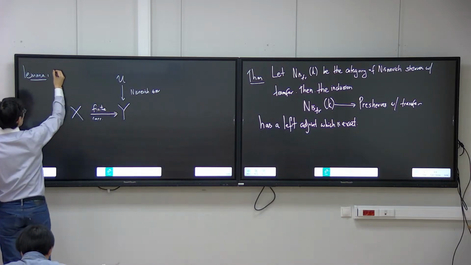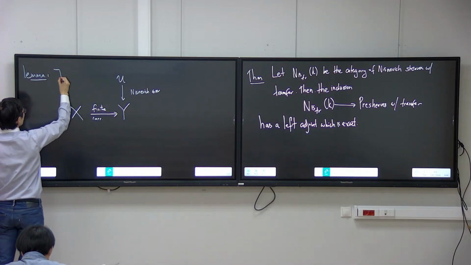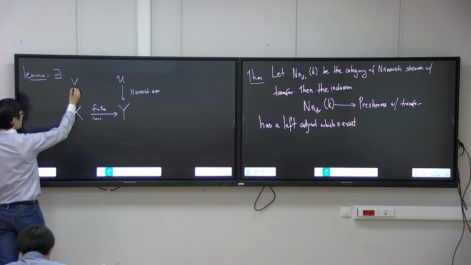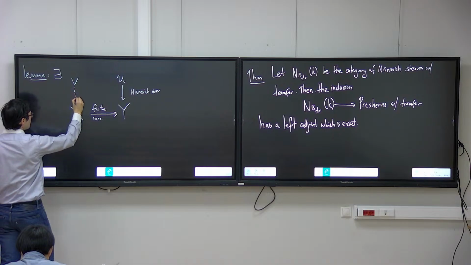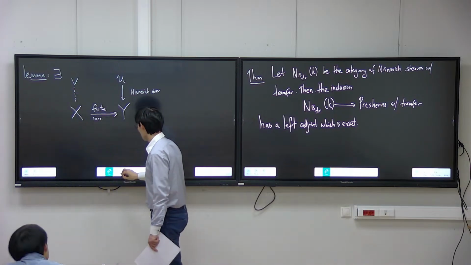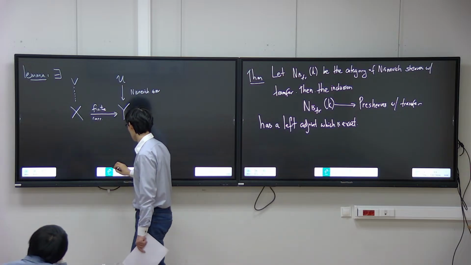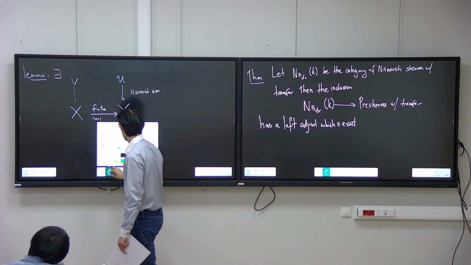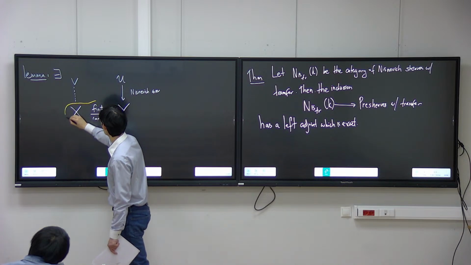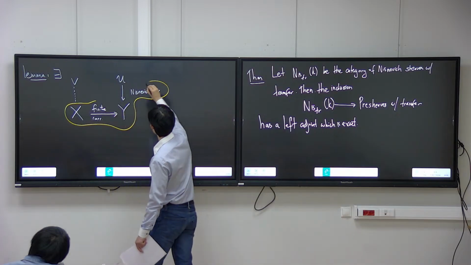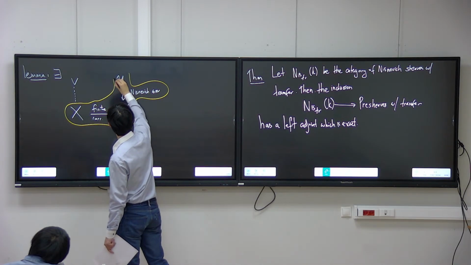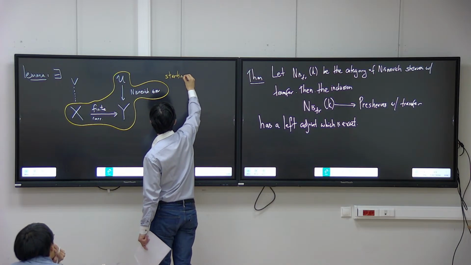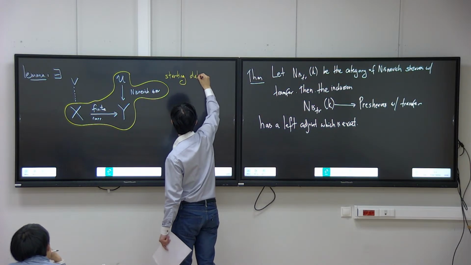So the statement is that there exists some V here, such that this map, let me make that clear, otherwise I'm going to get confused, so this here is the starting datum of what's given.